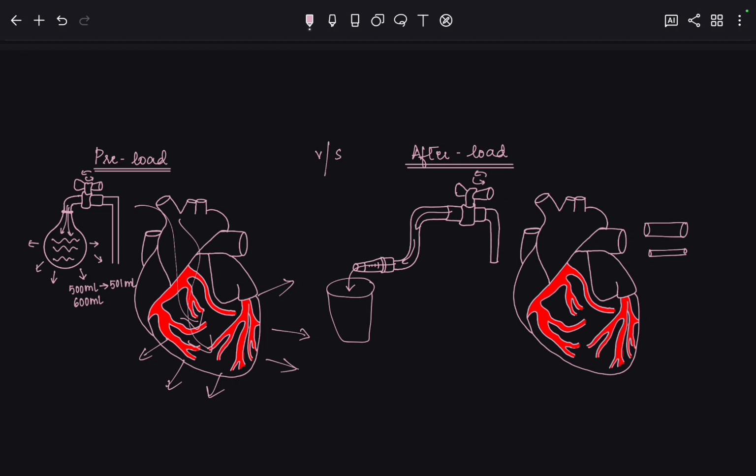Therefore, in order to summarize, preload is intrinsic heart ability, whereas afterload is dependent on the vascular system of the organism. Preload is the stretch of the heart.